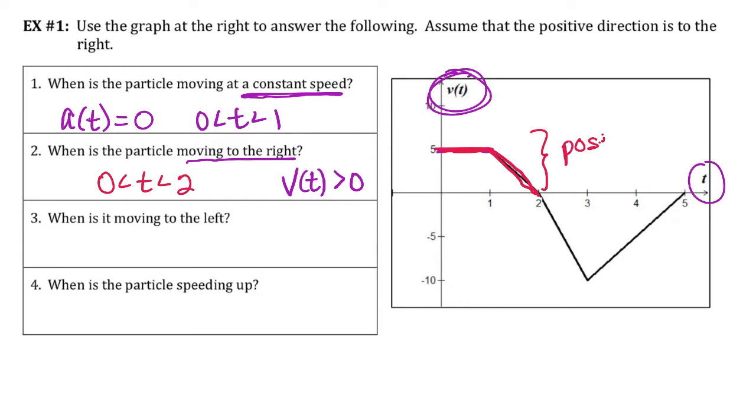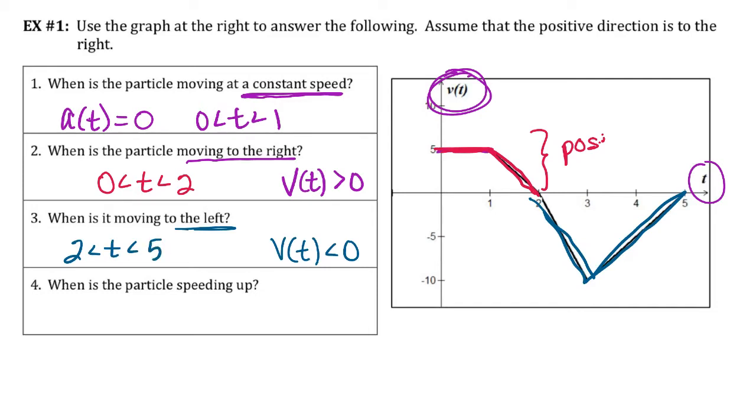When is it moving to the left? Well, let's look and see. If we're moving to the left, that tells me that happens when our velocity is less than 0. So that's going to be all of this below the x-axis. So we're going from 2 to 5.